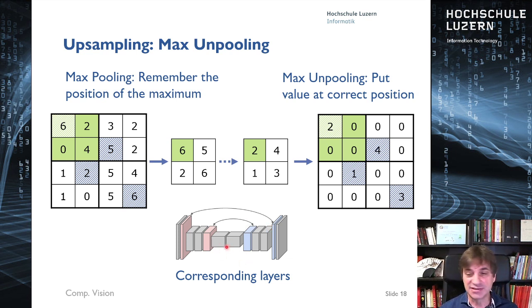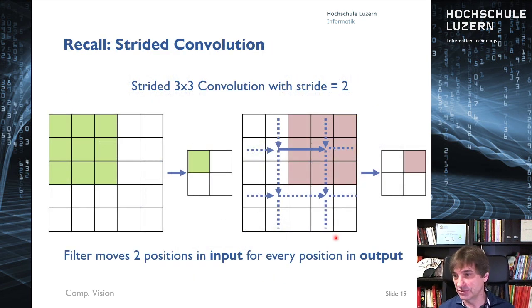You could have something unsymmetrical in between, but for the corresponding step here, you will need to have an image which is the same size as the one that was produced by the pooling operation in order to apply it. So usually they are made symmetrical. Okay, so with this, we have actually solved the problem of upsampling for the pooling operation.